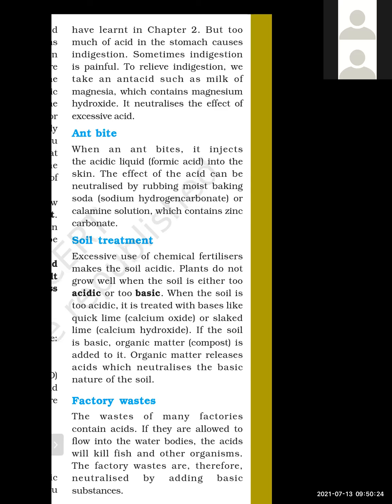Calamine solution is also a basic substance, but calamine solution is not easily available. Baking soda is easily available at our home. So always remember, when you get stung by an ant or bees, any type of bees, bumblebees, honey bees, just apply that baking soda on that area.